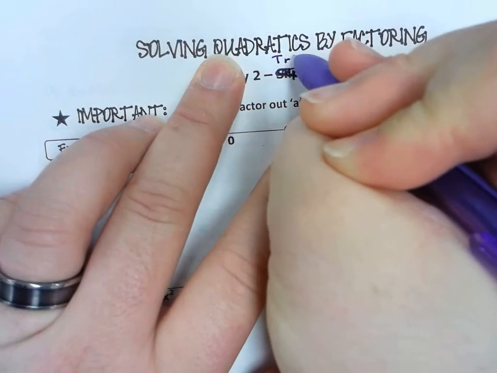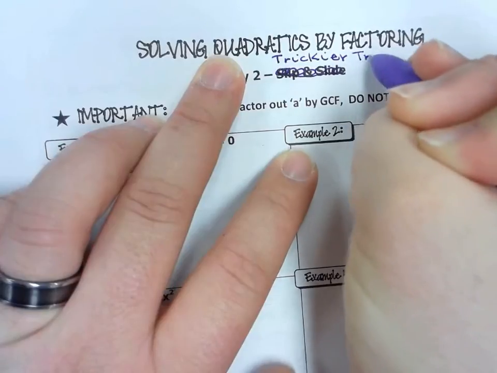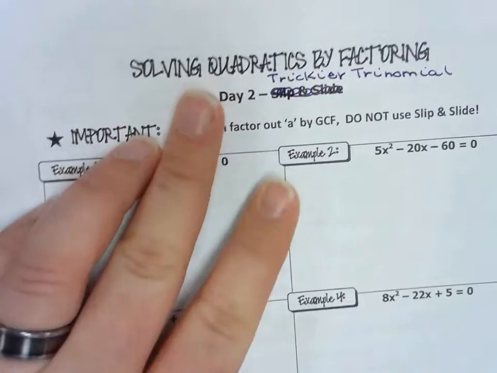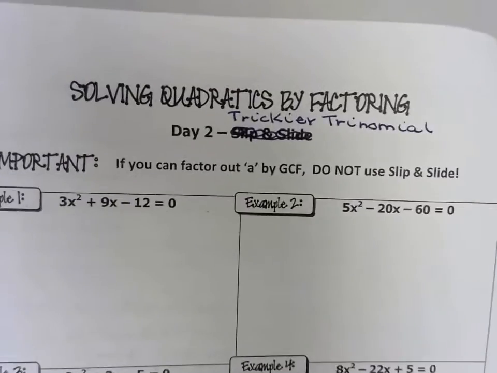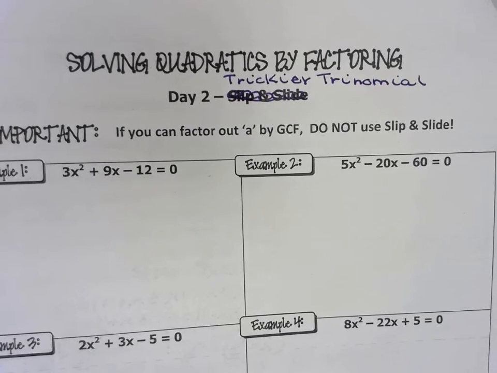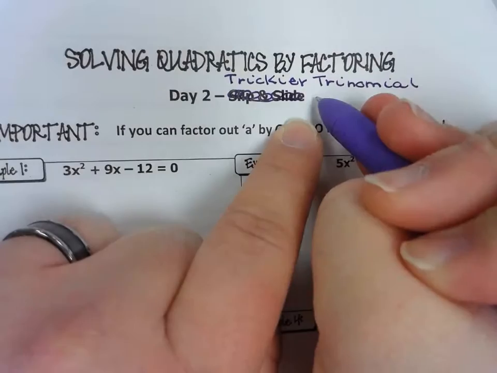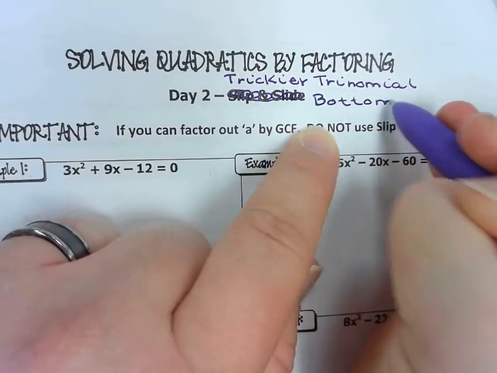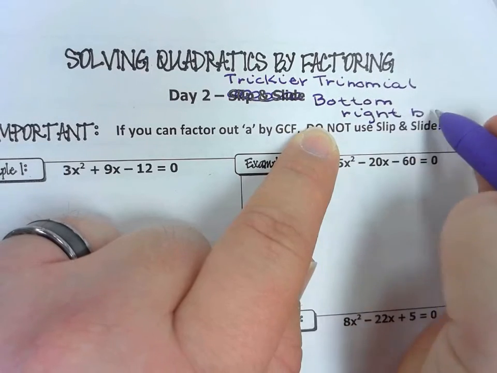What they mean by slip and slide is those are the trinomials that you have to do all 4 steps. So those are the trickier trinomials. It's the bottom right on your reference sheet, so we're going to be looking at the bottom right box.